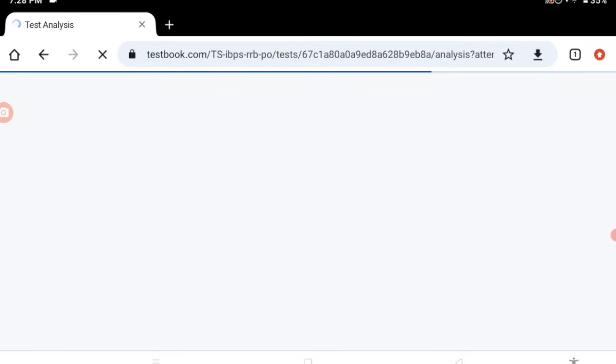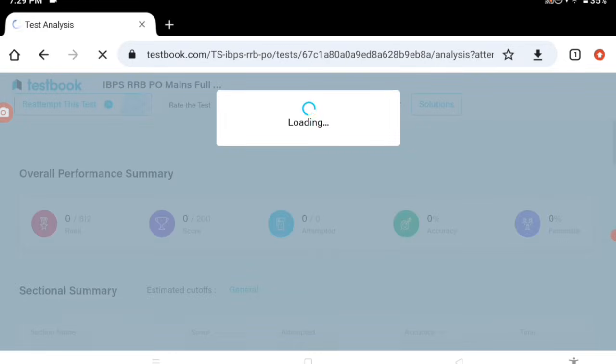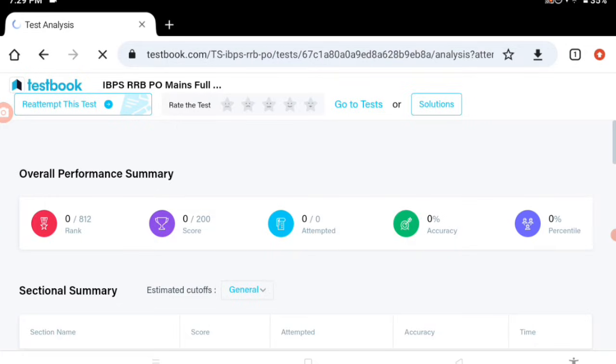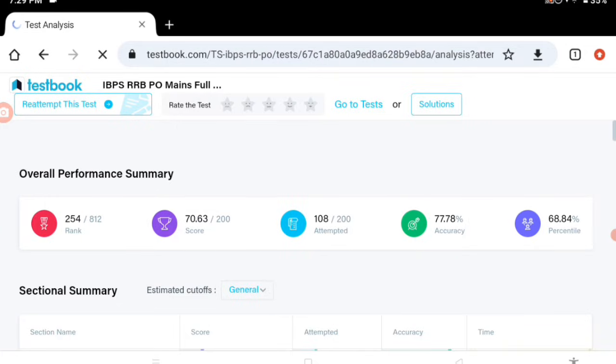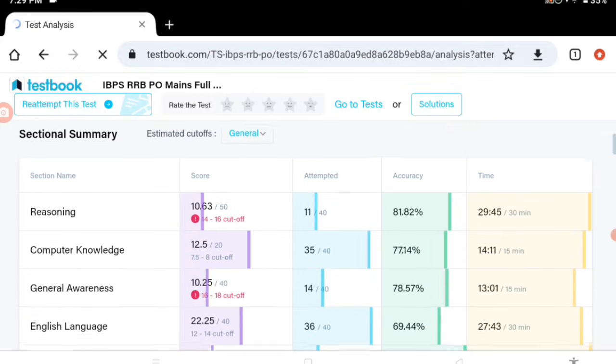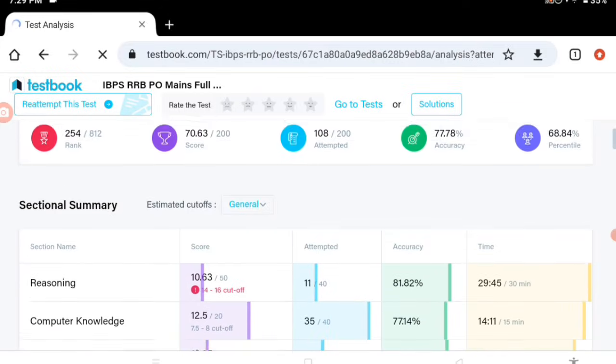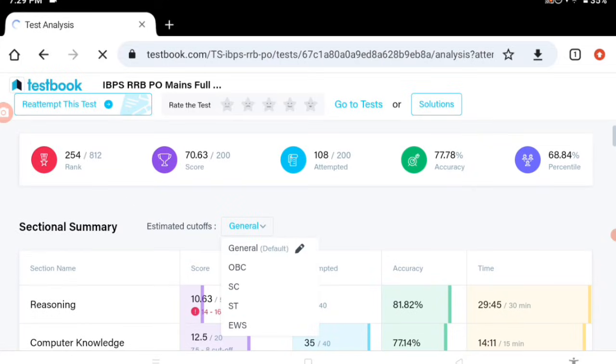So in this mock, reasoning and quant were moderate level, so remaining all are okay. English easy. So this is my score. Okay. So please share your score in my comment section. I got 70.63.